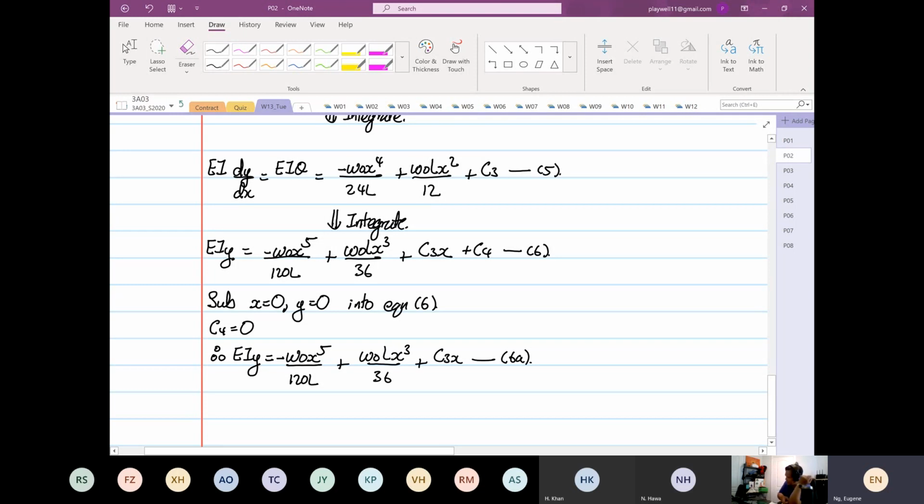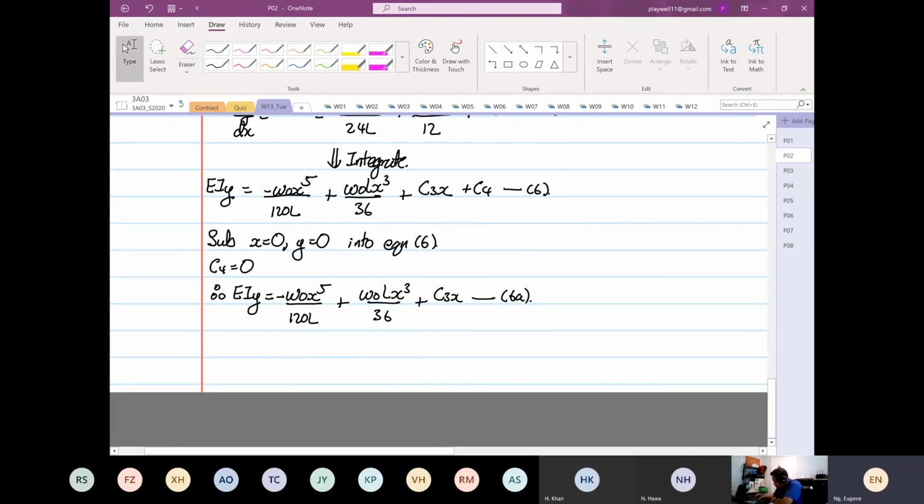Then we're going to substitute our last boundary condition. We have 4 unknowns, we need 4 boundary conditions.